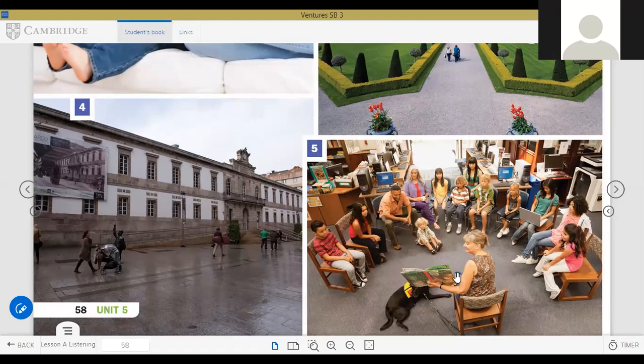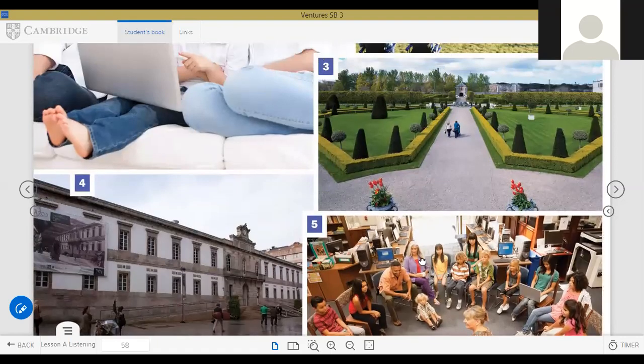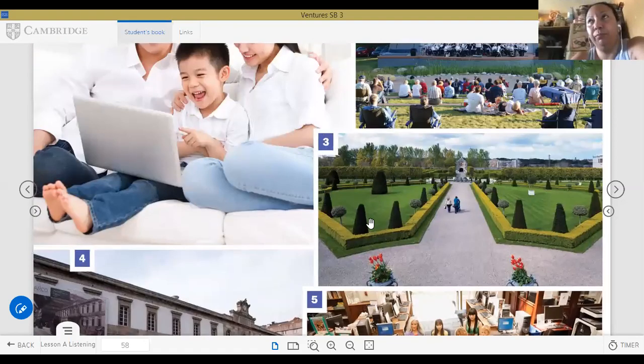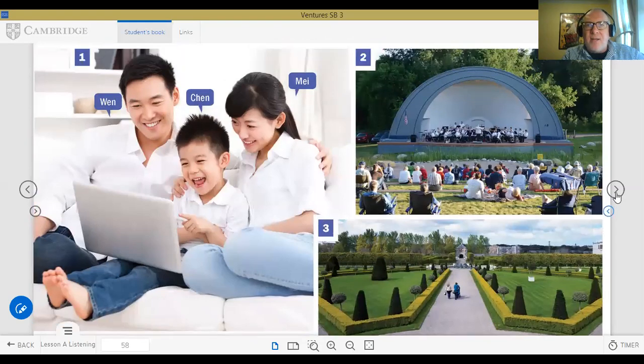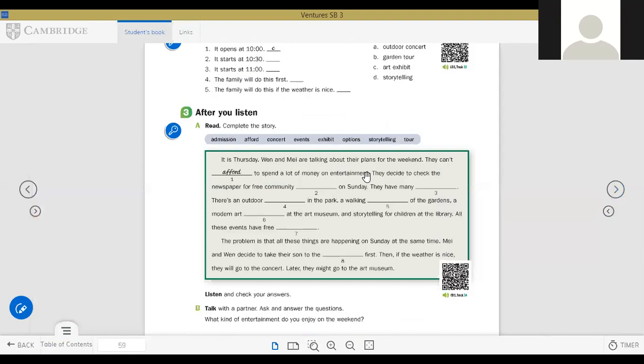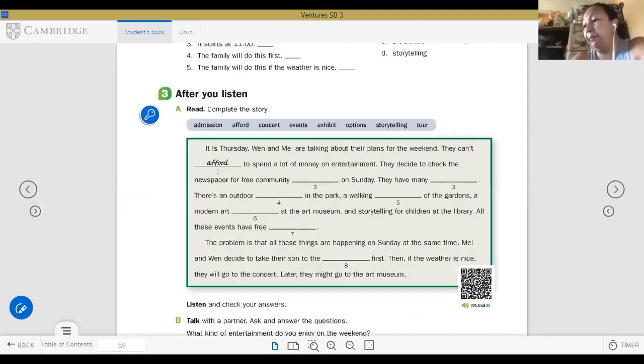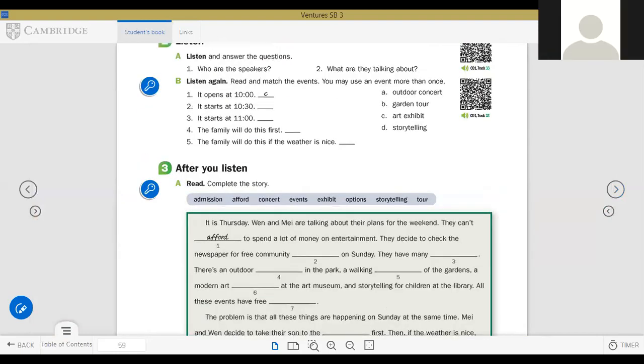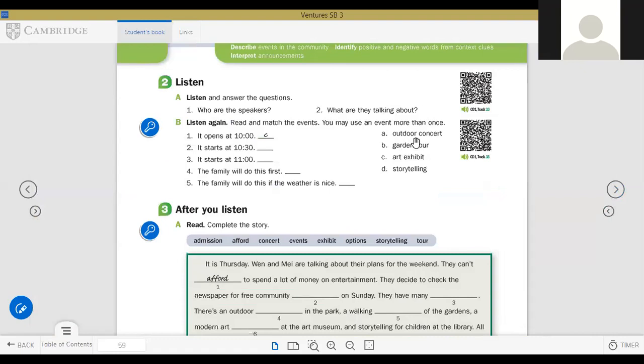Yes. All right. So we're going to do some listening practice, and you're going to hear a lot of infinitives. But here's what we have to do here. Okay? So we're going to have different things. We're going to have an outdoor concert, a tour of a garden, an art exhibit, and storytelling.